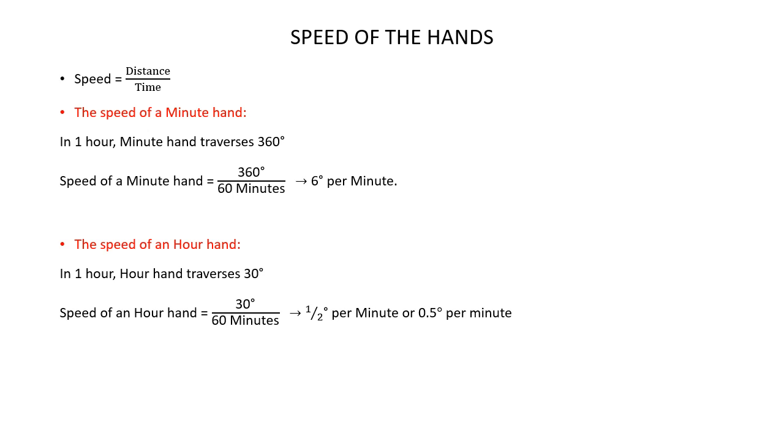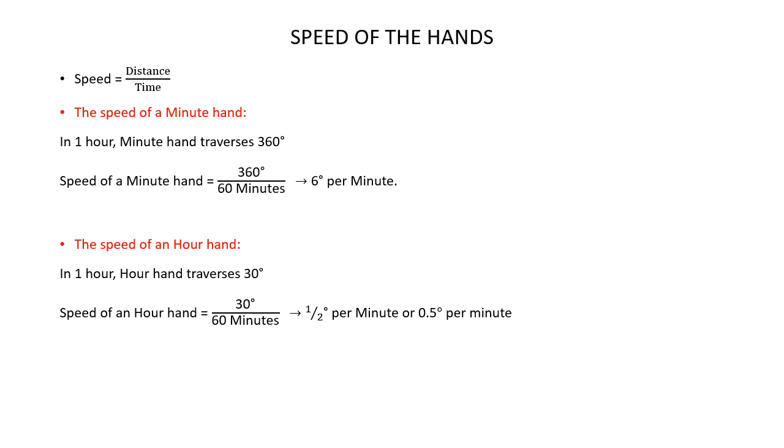Let's now find out the speed of an hour hand. Now we know that in 1 hour, the hour hand traverses 30 degrees. So the distance here is 30 degrees and the time is 1 hour. We know that 1 hour is 60 minutes. So time is 60 minutes.